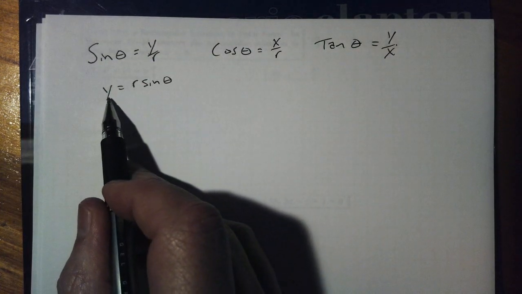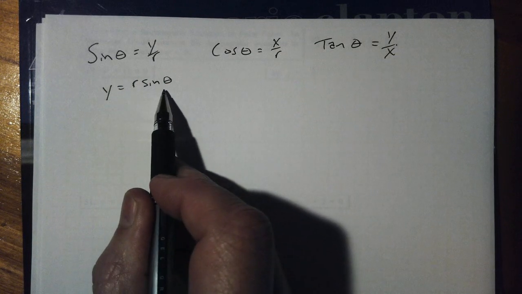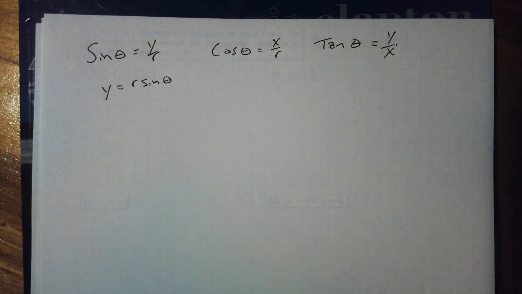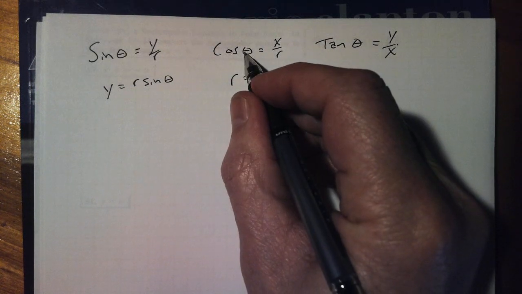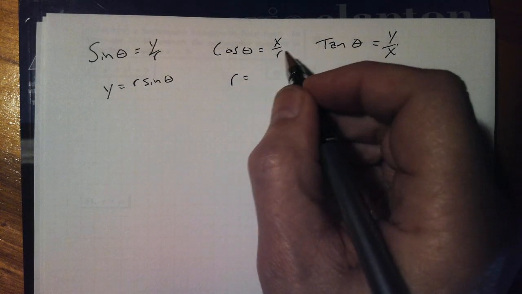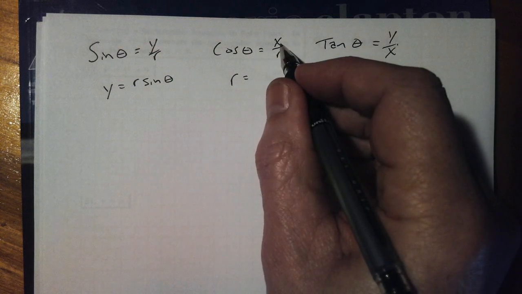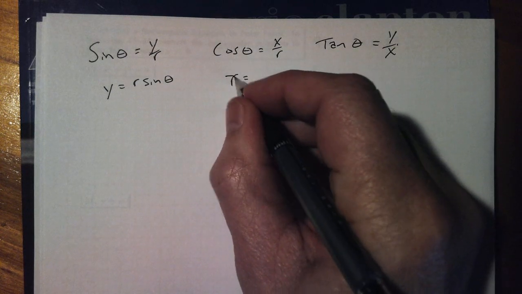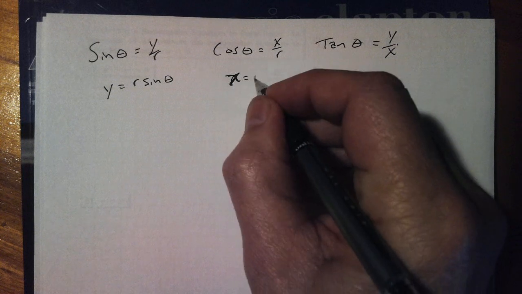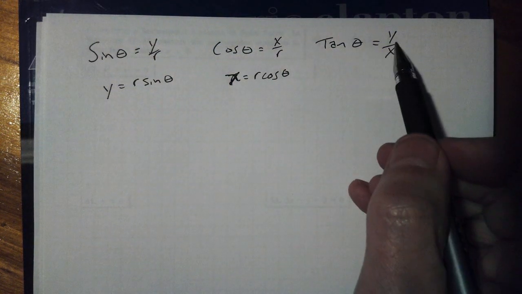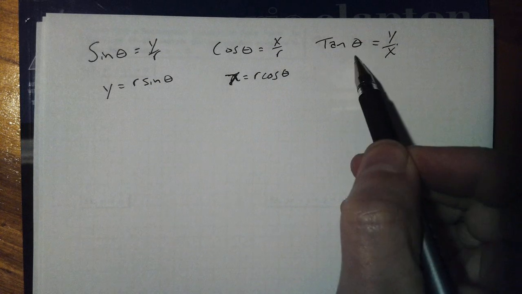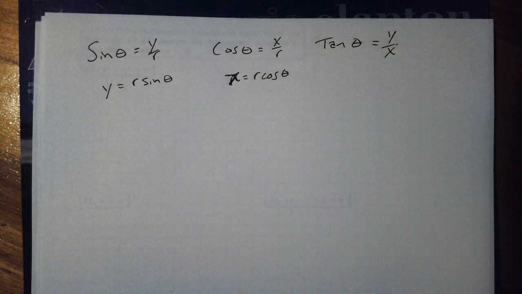So y may be converted into r sine of theta. And likewise, cosine of theta, or x, may be converted into r cosine of theta. And y on x may be converted into tangent of theta. It just doesn't pop up as much.